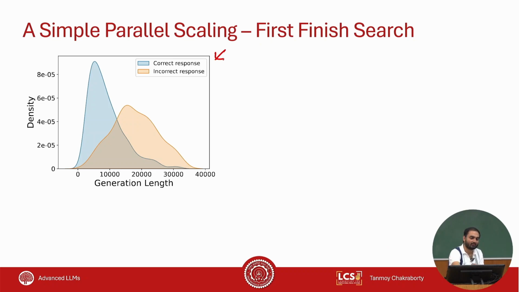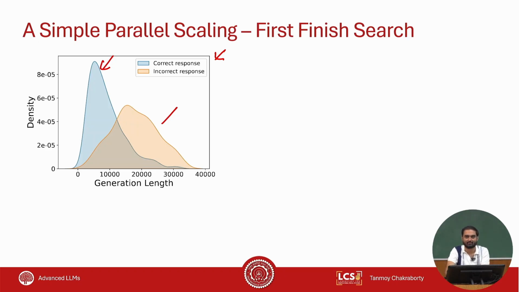You have a bunch of correct responses, a bunch of incorrect responses, and you look at their length and plot the density of this length. So you see that correct responses tend to have lower length, and incorrect responses tend to have higher length. So this was our heuristics.